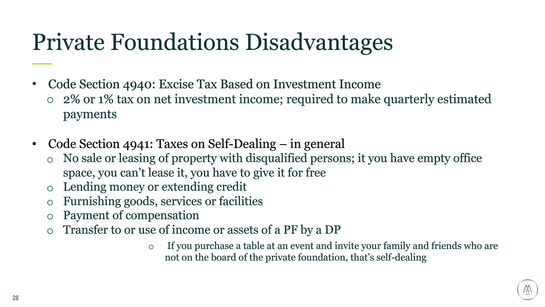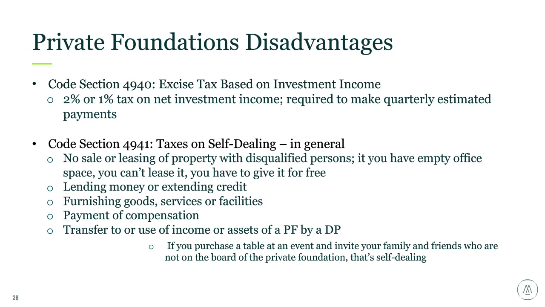The 2% or 1% tax is just a calculation, and it is required to be reported on the Form 990-PF, and it's a calculation based on the distributions that the organization made in the current year based on the distributions that they had made for a historical base period, which is typically 5 years. So it's a calculation that's done on the 990-PF, and it will go back and forth each year depending on those distributions.